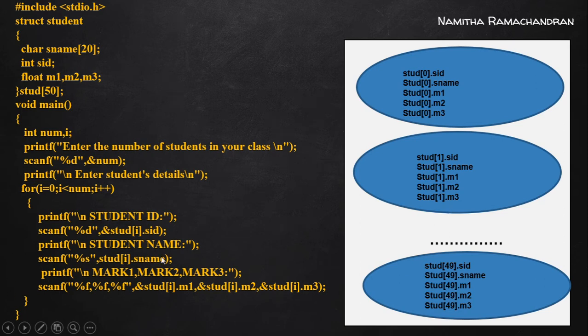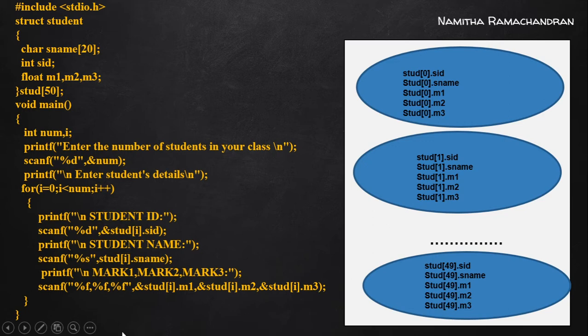Right, then after incrementing I again, it points to another set of memory allocation, which is represented with the labels stud2.sid, stud2.sname, stud2.m1, stud2.m2, stud2.m3.